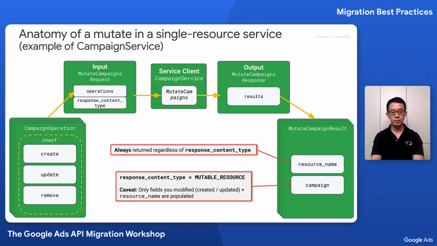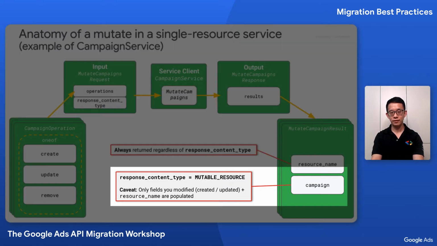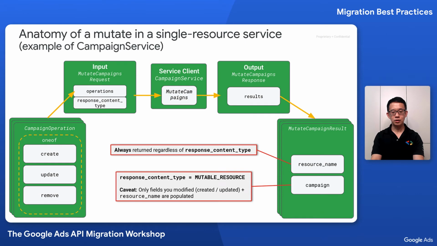When you specify the response content type to resource name only, or you do not specify the response content type at all, which is the default behavior, the campaign field of the MutateCampaignResult will not be populated. On the other hand, if you specify this response content type field as mutable resource, then the campaign field will be populated with the fields that you modified, created, or updated, and the resource name will also be populated too.